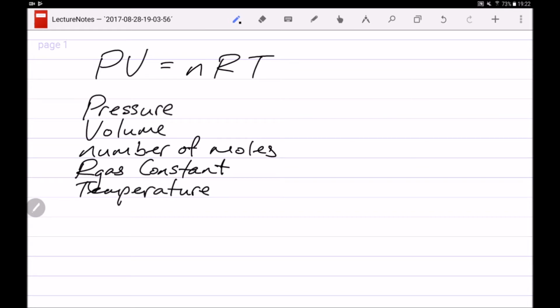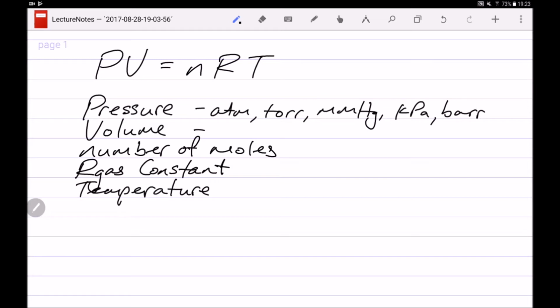Now it's important to note several things. First of all, pressure can be in any units of pressure, for example atmospheres, torrs, millimeters of mercury, kilopascals, bar, psi, can be all kinds of stuff.